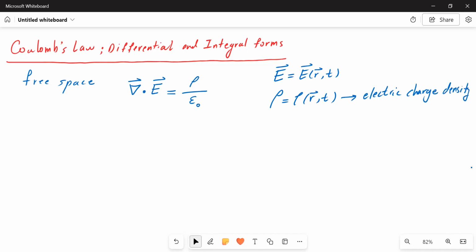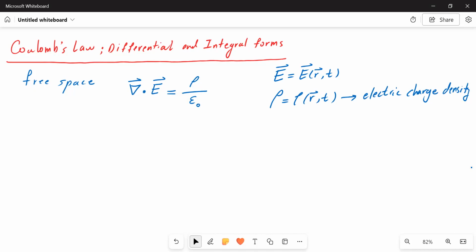And this electric charge density, if you have a region in space in which you have some distribution of charge, you can generally show it by the electric charge density. Now, this electric charge density can take different forms depending on the nature of the problem. You might have a linear charge density, a surface charge density, a volume charge density, or just the distribution of point charges.